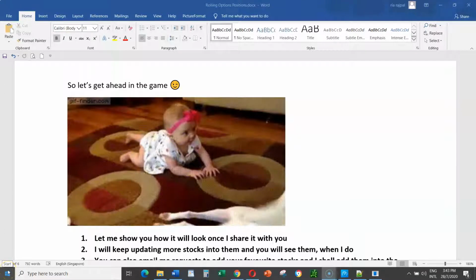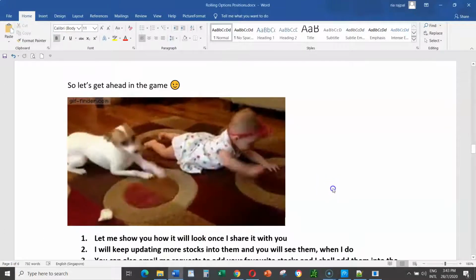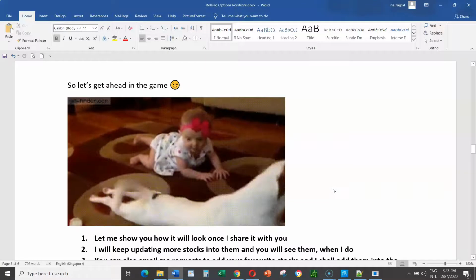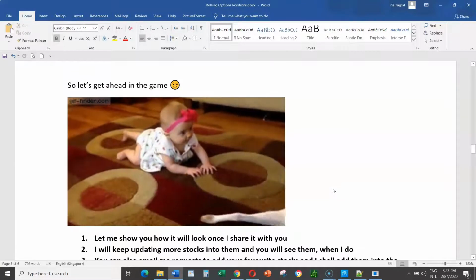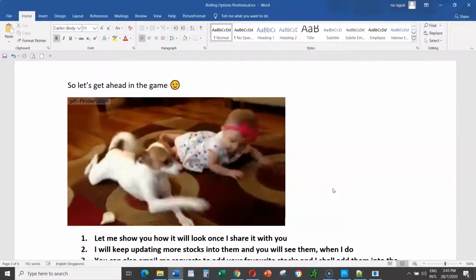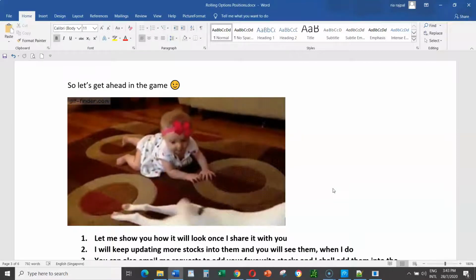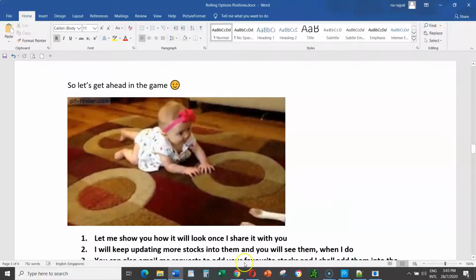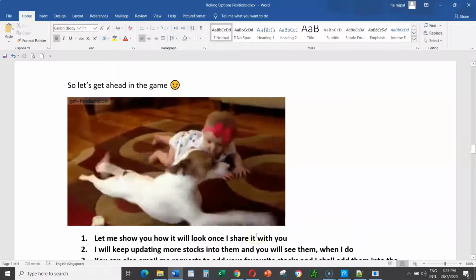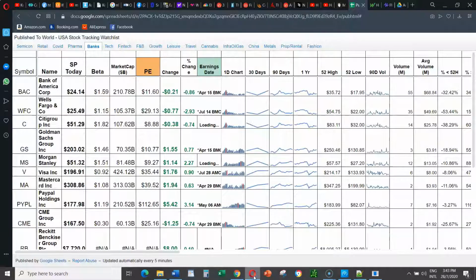Okay, so let's get ahead in the game, and using this dashboard you are able to pick up daily stocks, daily opportunities, and let me show you how it will look like once I share it with you. All right, so this is how it looks. Okay, so basically you will see the tabs here.